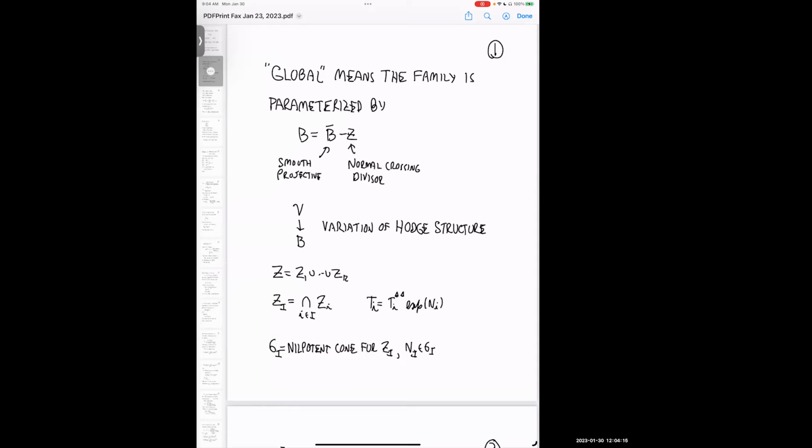There's a lot of work on the local theory of degeneration of Hodge structure, where you parameterize by a product of punctured disks. The interesting part is that doing things globally gives you a little more information and makes certain things happen that I at least wouldn't have expected.